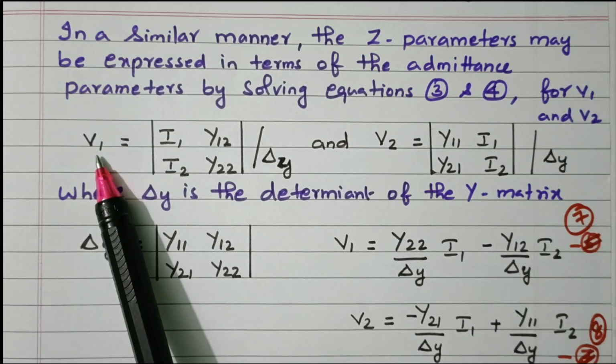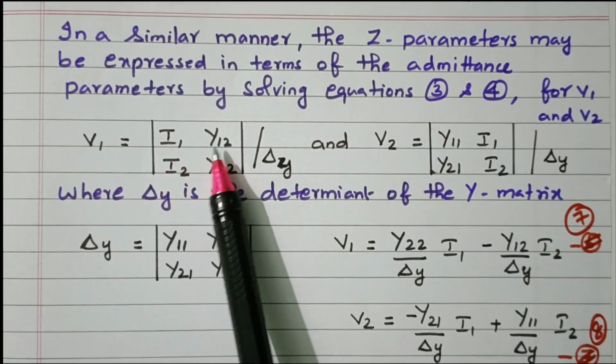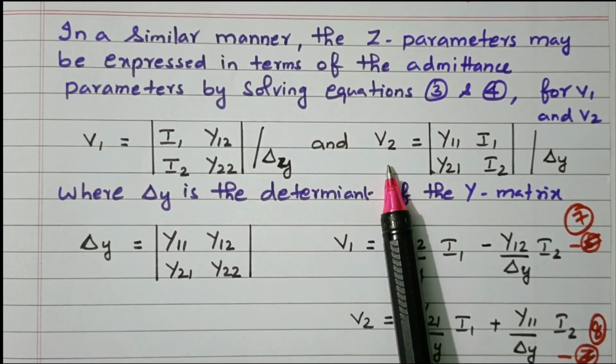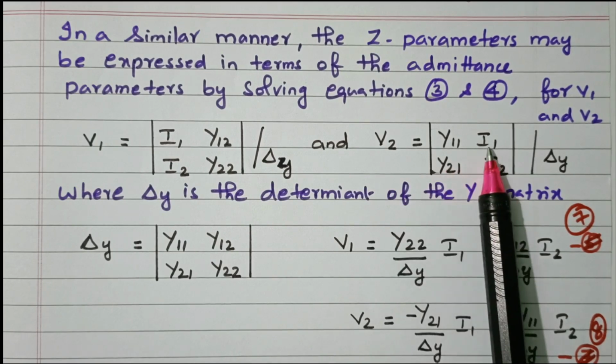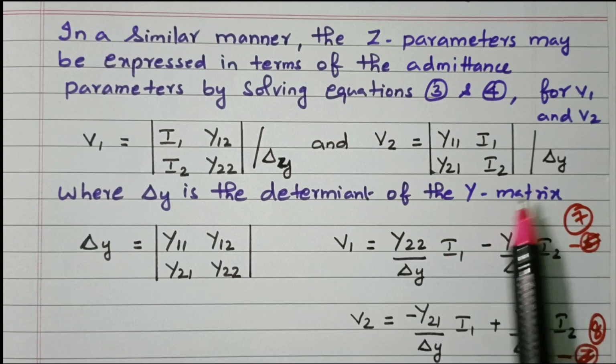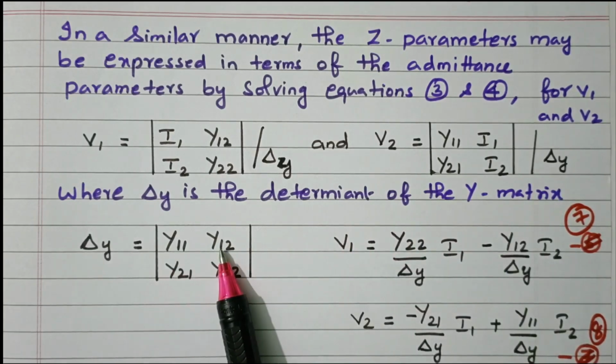What we got: V1 equal to determinant of I1, Y12, I2, Y22 divided by del Y. Similarly, V2 equal to determinant of Y11, I1, Y21, I2 divided by del Y. This del Y is nothing but the determinant of the Y matrix, that is Y11, Y12, Y21, Y22.